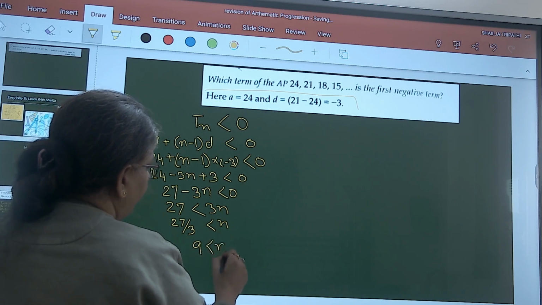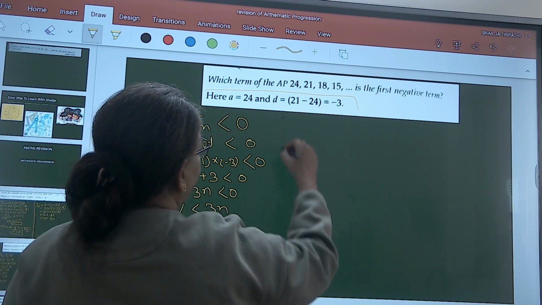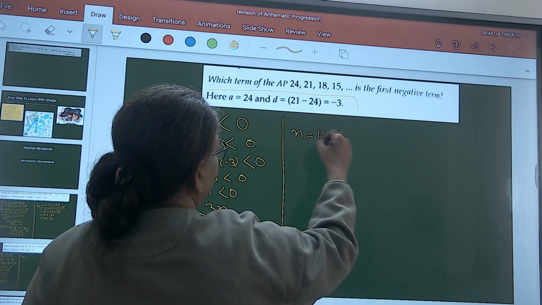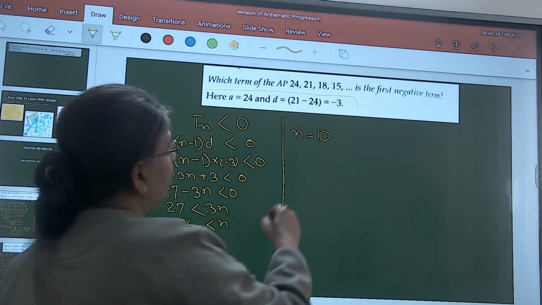That is, n should be greater than 9. So our answer will be n is equal to 10. So this 10th term will be the first negative term.